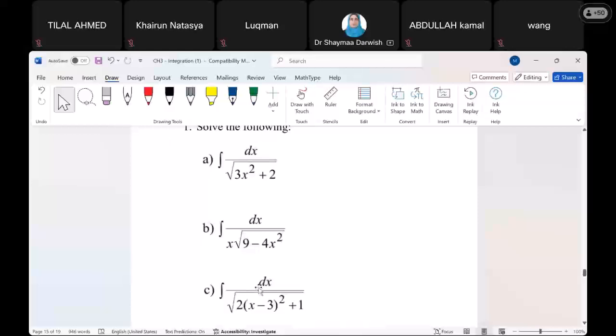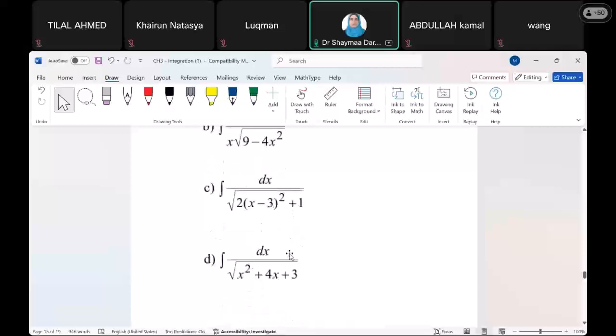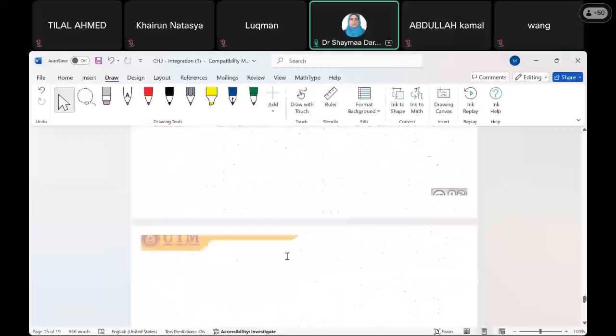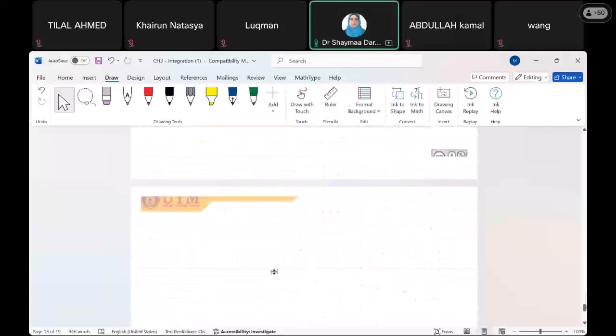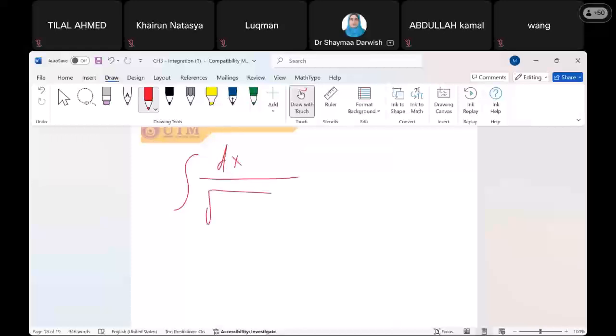Integration of dx over square root of (2x minus 3) squared plus 1.